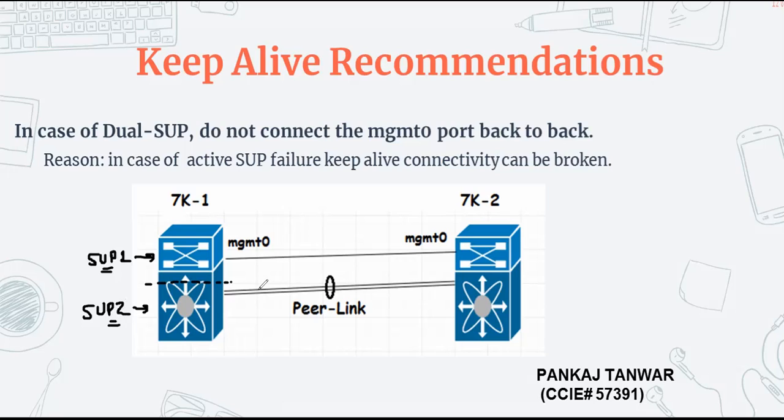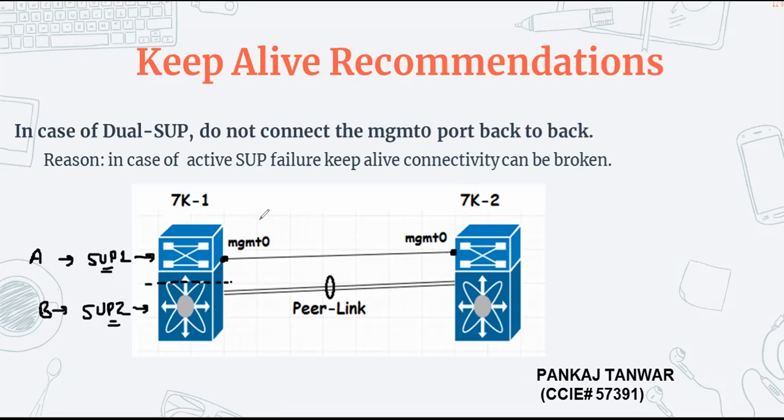As we know, if we are using dual-SUP, the active SUP is going to own the management zero interface. Let's say this is our active SUP and this is our backup SUP. Because the management zero interface is owned by the active SUP engine, management zero is connected back to back to the N7K2.